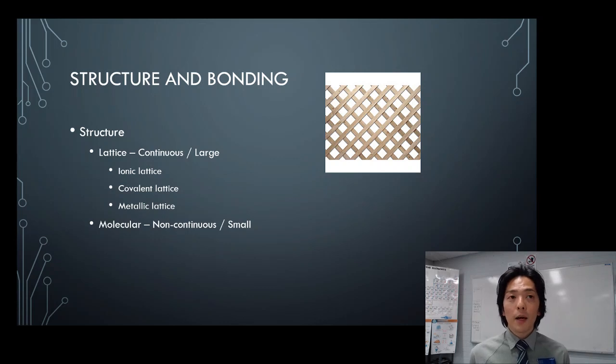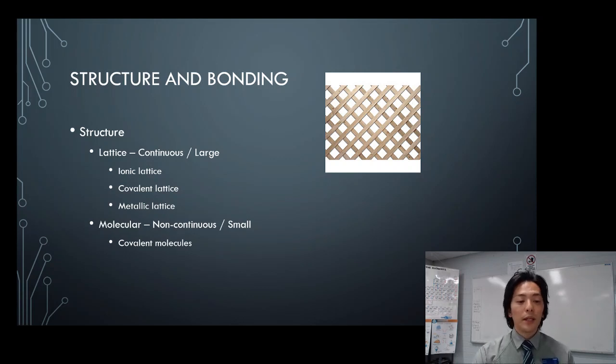Lattice can become even visible size to your naked eyes, but molecules would not be as big. Covalent molecules can happen, and that's the only molecular structure that you need to know. So there you go. There are 4 different types of structure due to different types of bonding existing.